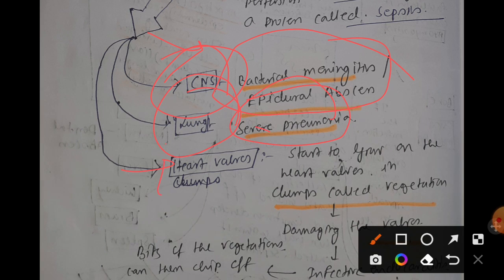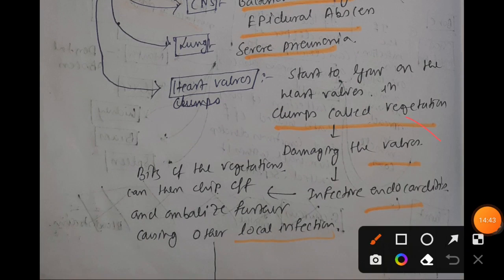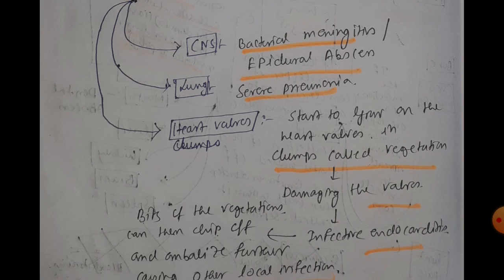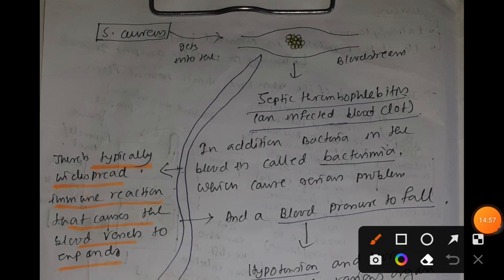It can also transfer to the heart valve, and inside the heart valve it starts to grow in clumps, causing vegetation. It also starts damaging the valve, a process called infective endocarditis. After that, bits of the vegetation can chip off and embolize further, causing other local infections. So that is what is going on inside the bloodstream.